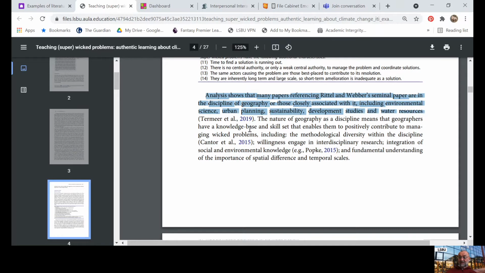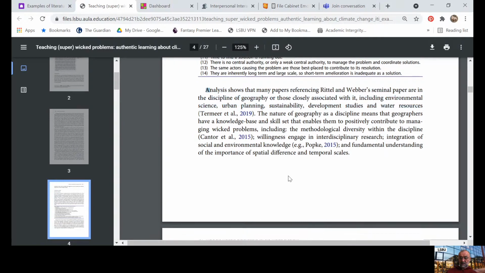That analysis is by Termier et al. So the authors of this journal article haven't gone away and done their own analysis. What they've done is they've drawn on somebody else's analysis and they've summarized Termier et al. in this sentence, starting with the word analysis.